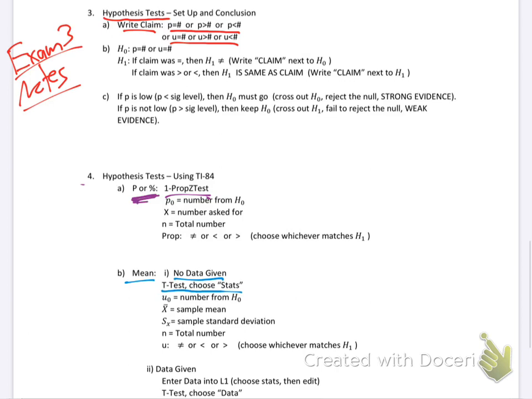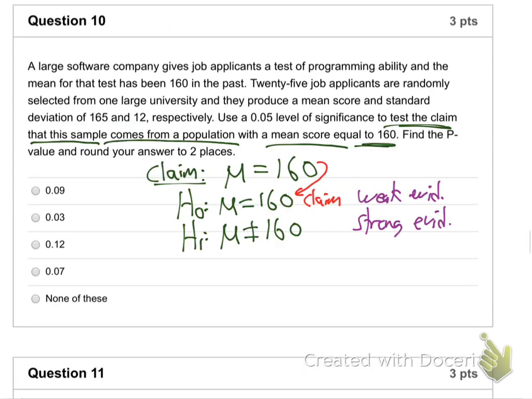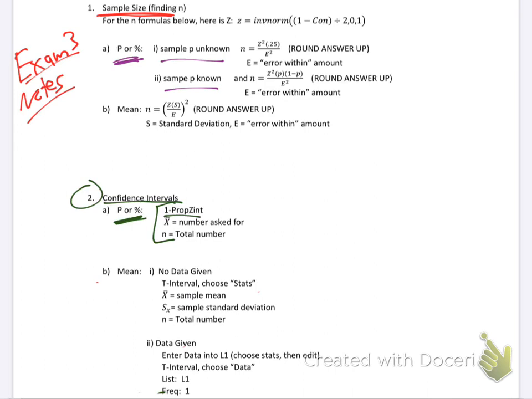And then we go to our notes. We're right here. Hypothesis test for P, 1 prop Z test. And it'll ask us for P0, X, N. So what's P0? Oh, I'm doing the wrong thing. This isn't a 1 prop Z. You guys got to tell me when I'm being crazy. Let's try again.